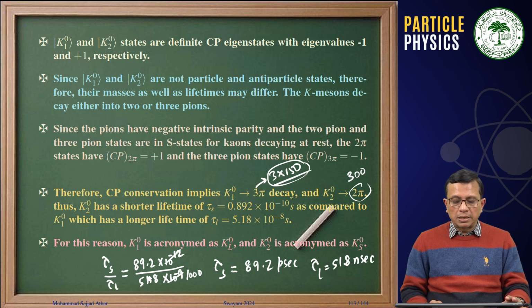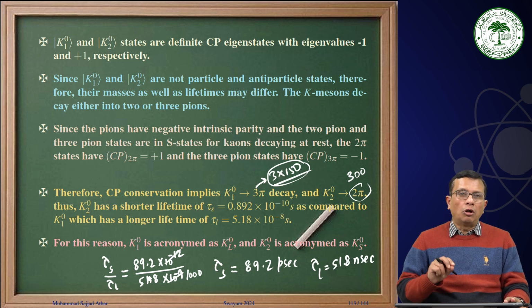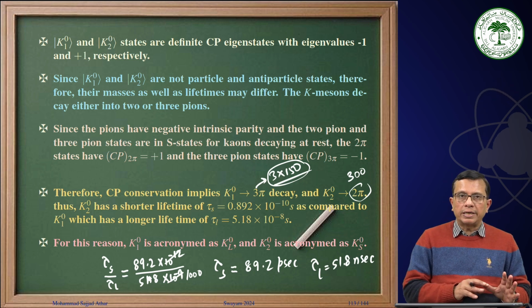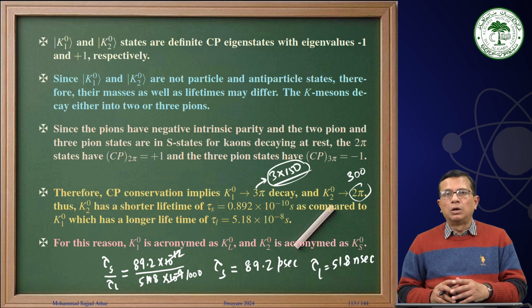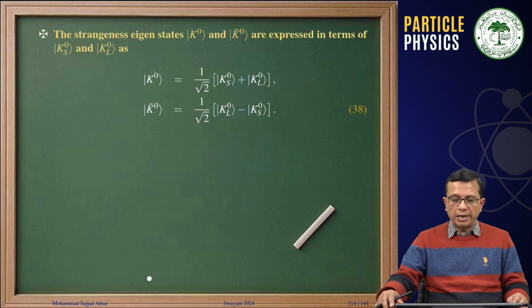For this reason, K10 is called KL0. We are rechristening the name. We are calling it KL0, the long-lived kaon, and K20 as the short-lived kaon. Therefore, instead of calling them K10 and K20, we are calling them KL0 and KS0.